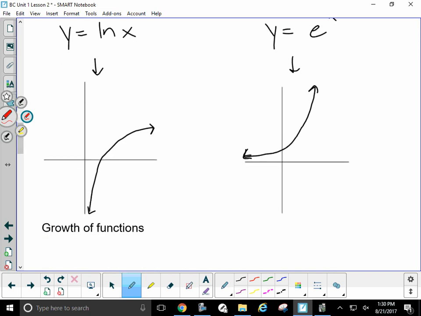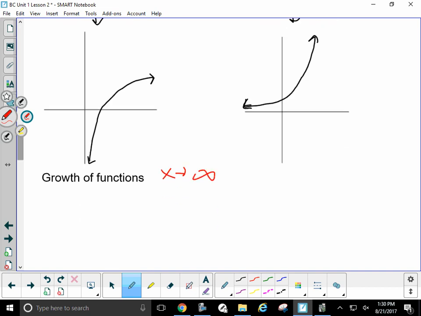As x is approaching infinity, here's how you're going to list the growth of functions. You have first constants, C for constants, or trig functions like sine and cosine. Those are all the same. They don't grow. Then we will have stuff that grows but grows extremely slowly, log functions. This is slow to fast.